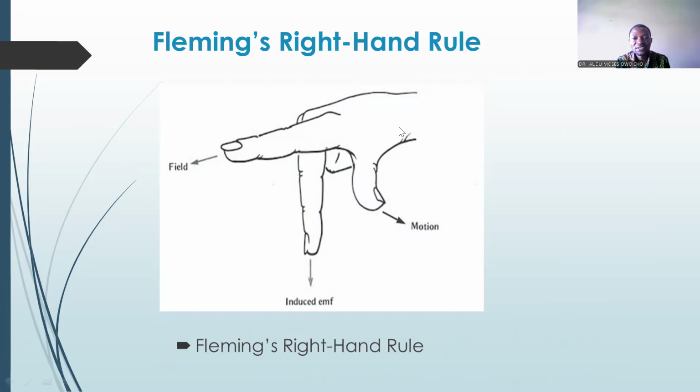If you stretch out the right hand such that the thumb, the first finger and the second finger are perpendicular to each other, then the motion of the bar magnet or the coil is represented by the thumb, the magnetic field by the first finger, and the induced e.m.f. by the second finger.